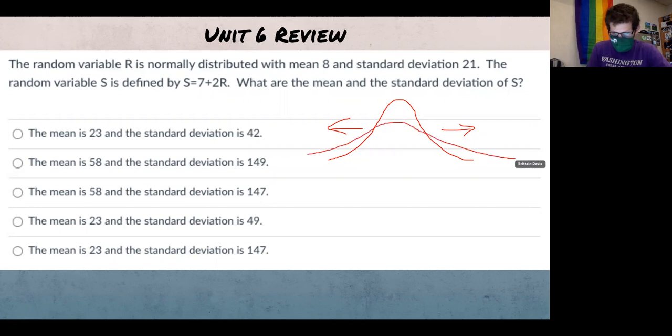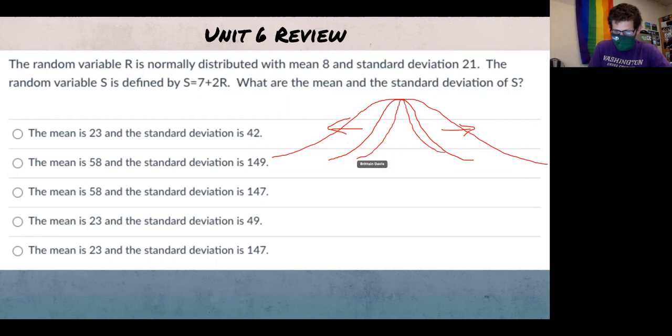If I multiply, it might look like this, or it might look like this. When you're multiplying, the height would go up and down, but that doesn't matter for our purposes.